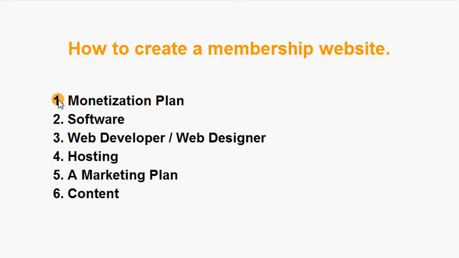And you want to have more than just one way of making money. If you're going to sell a product or service, that's one way, but you may want to consider a pay-per-click strategy, a pay-per-lead strategy, or a pay-per-view strategy. So that's one of the things that you're going to have to consider. And that's the first thing, your monetization plan.